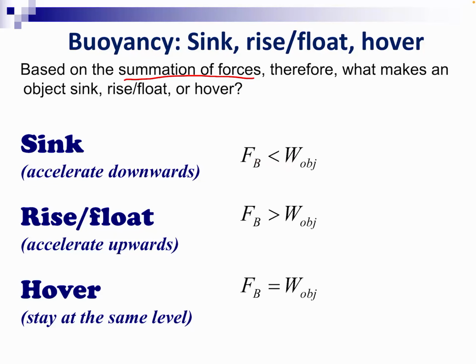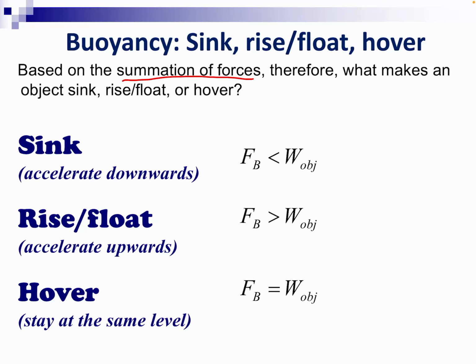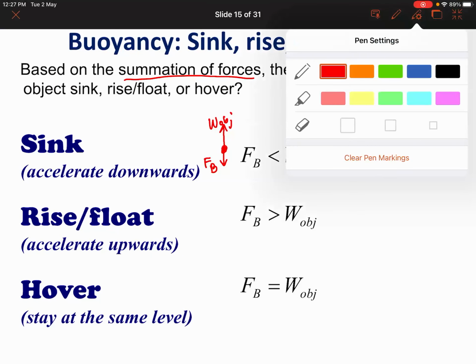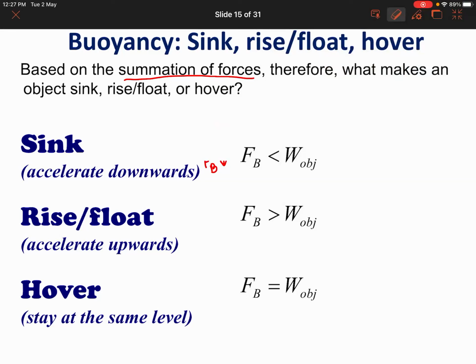So by comparing the forces, because there are two forces acting on the object, we know that if the buoyancy force is less than the weight of the object, such that your free body diagram looks like this, right? You have a bigger upward, sorry, this is the opposite. Apologies for that.